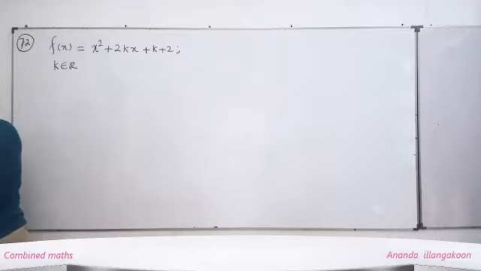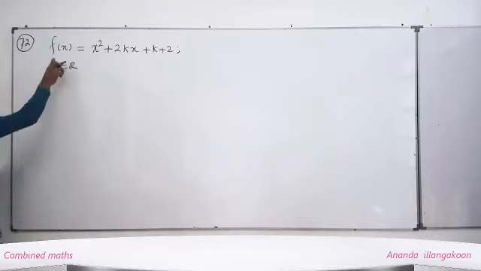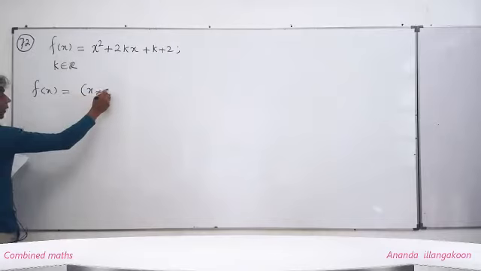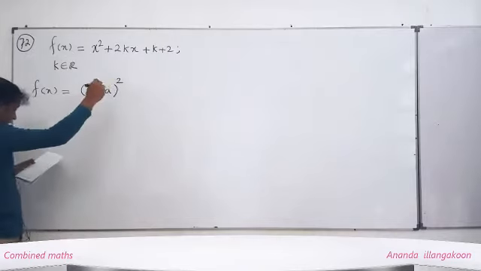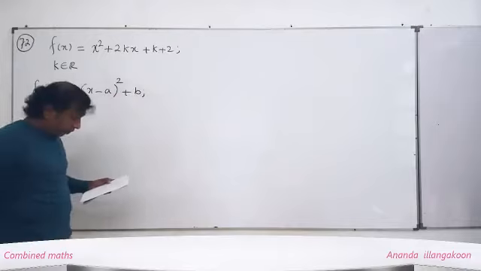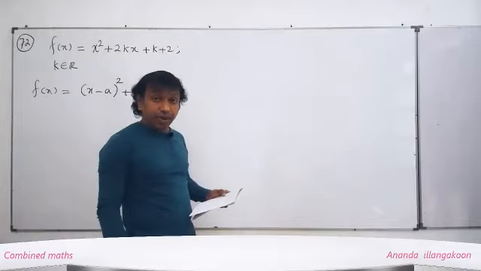Right. Now, express f(x) in the form (x minus a) perfect squared plus b, where a and b are constants to be determined.